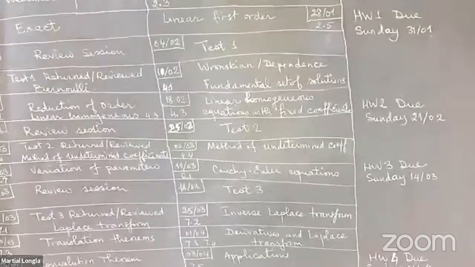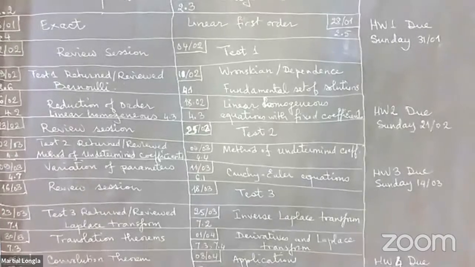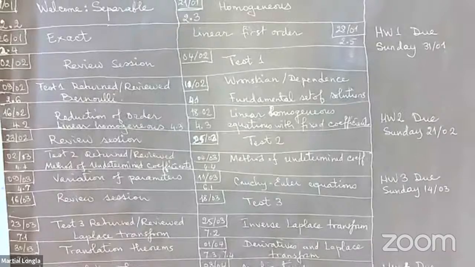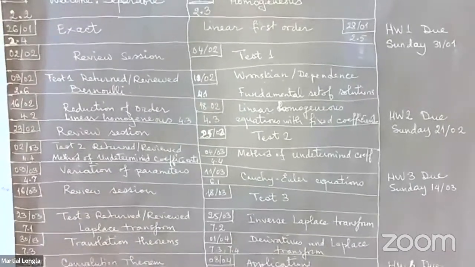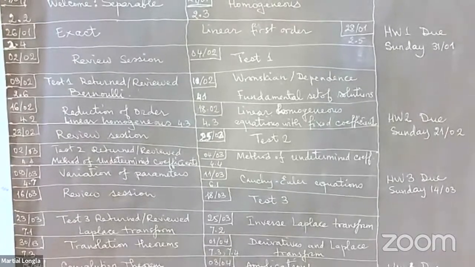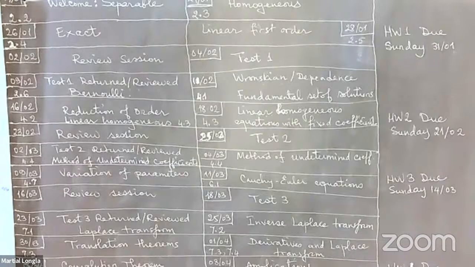Now, what else I wanted to show you was this, which is nothing but our complete program for the whole semester. If I put this on this first video of the first class, you can always see it. So this is the program starting today, January 19, all the way down to your final exam.